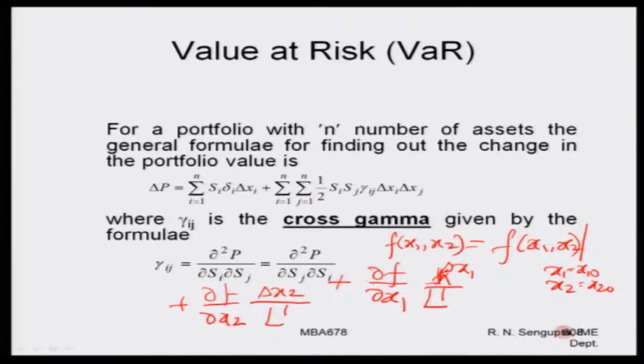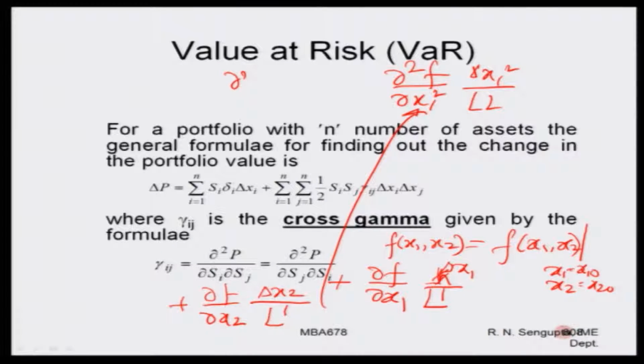So you are seeing the first expansion is coming in two terms because there is x1 and x2. Now if you go to the higher one, it will be del 2f by del x1 squared, multiplied by delta x1 squared by factorial 2. The second term I am writing is del 2f by del x2 squared, delta x2 squared by factorial 2.